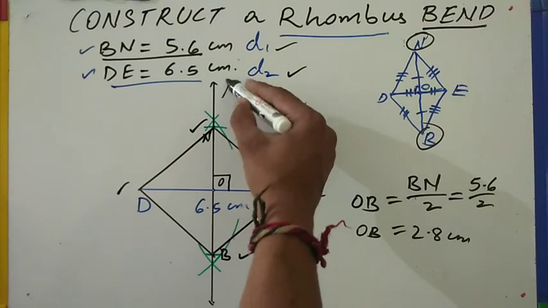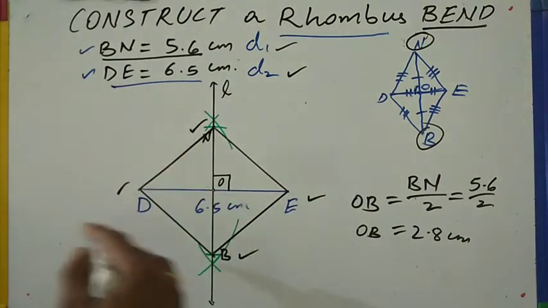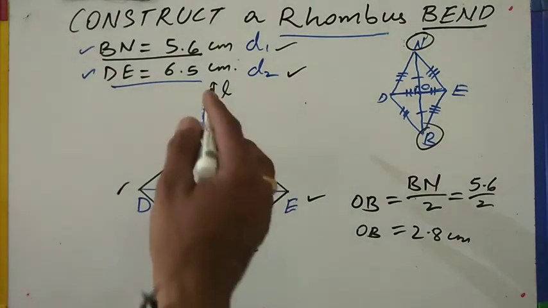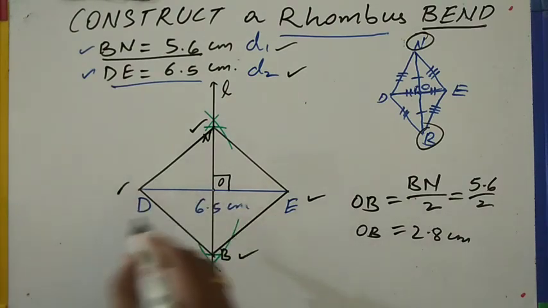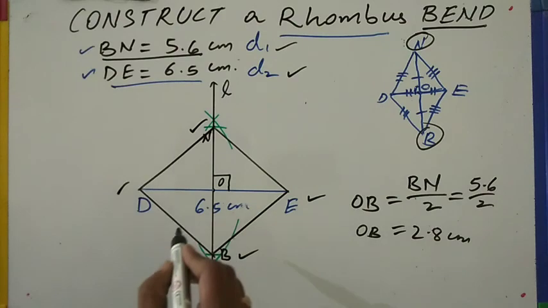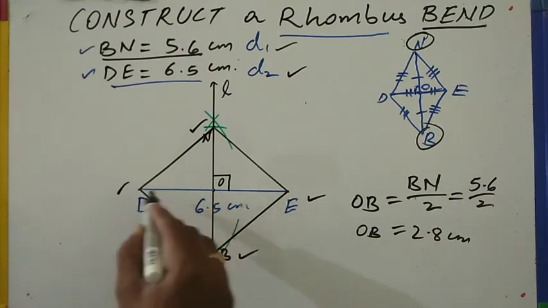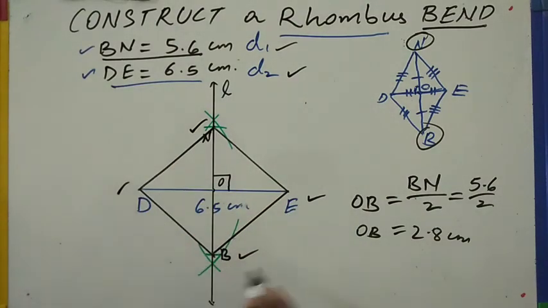Let the perpendicular bisector of line segment DE be line L and it intersects DE at O, where O is the midpoint of DE as well as of the other diagonal BN.